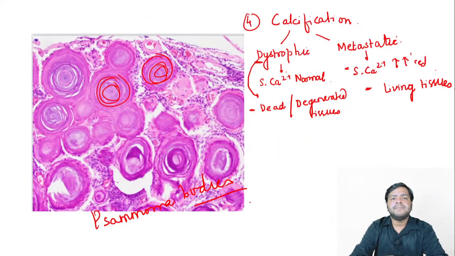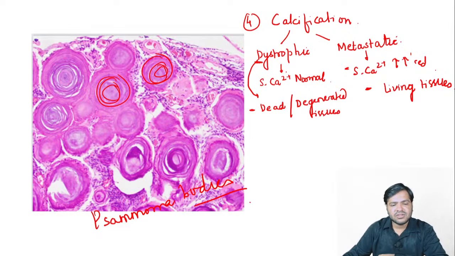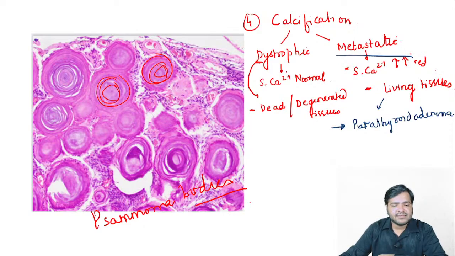Apart from that, if we talk about the examples of metastatic calcification, if we talk about the cancer of the parathyroid gland, that is parathyroid adenoma, we will discuss it later, you will see the metastatic calcification.